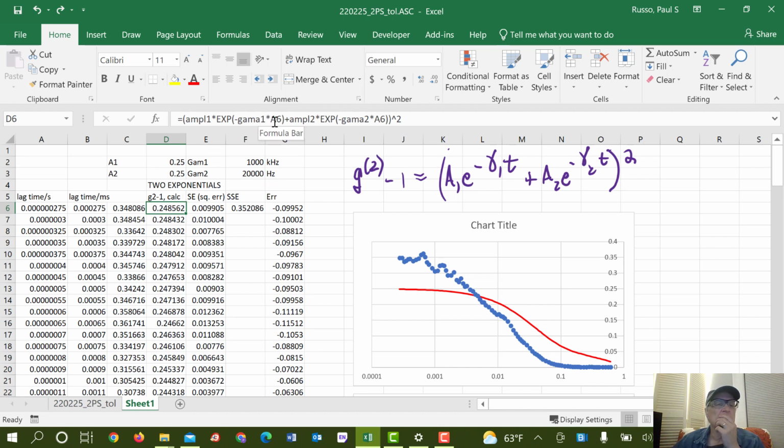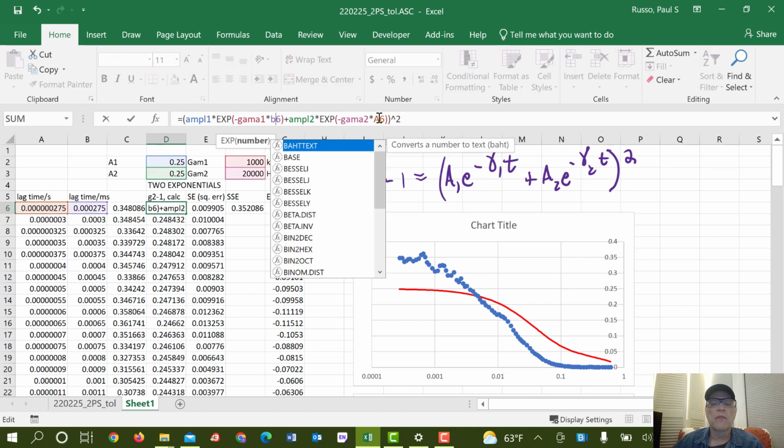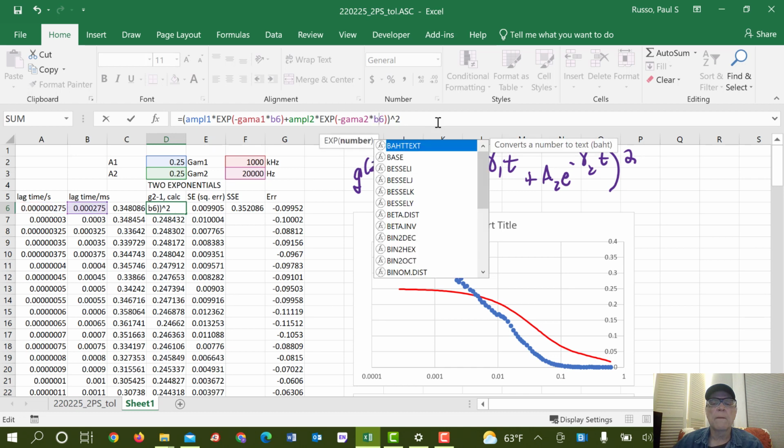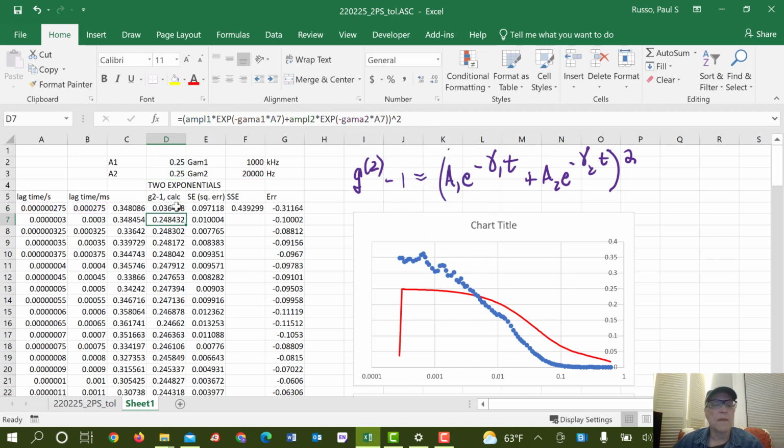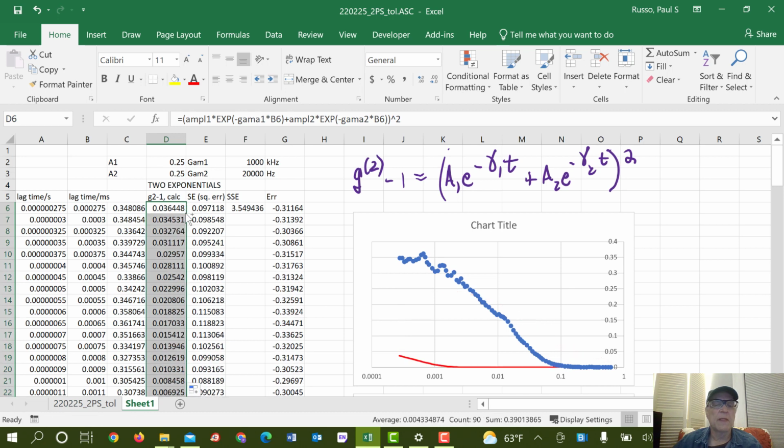Times A6. I think I really want to calculate on B. I think everything else here should kind of hang together okay now.